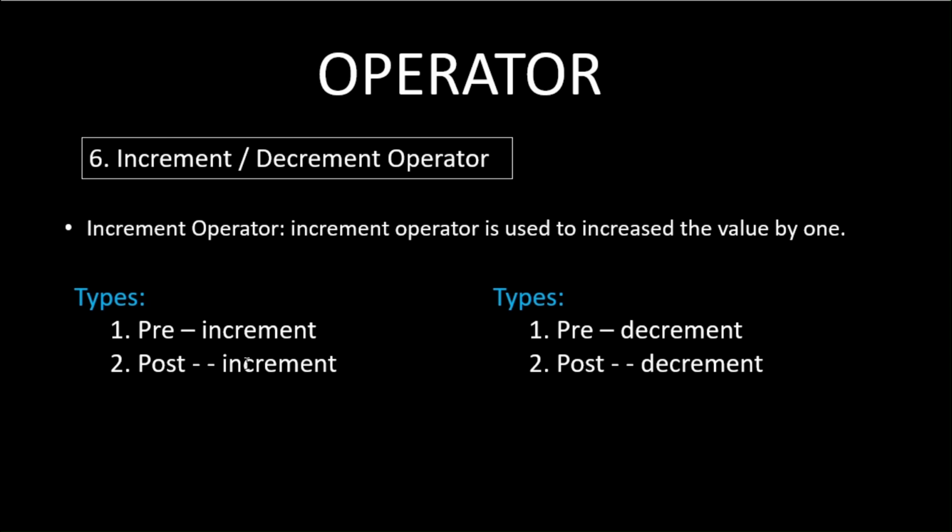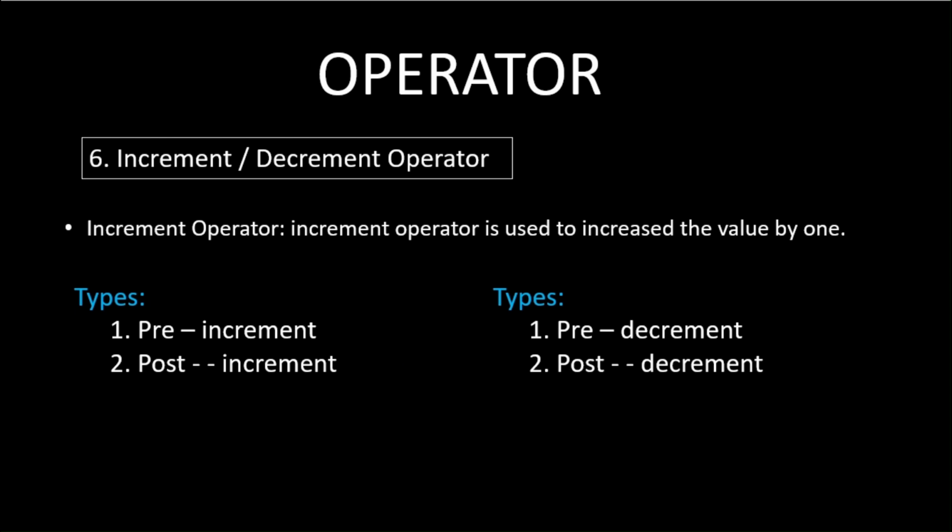So what is a pre-increment? The definition of pre-increment is that first it increases the value of the variable by one, later it uses the value. And post-increment is the opposite of pre-increment. That is, first it uses the value of the variable, later it increases the value of the variable by one.